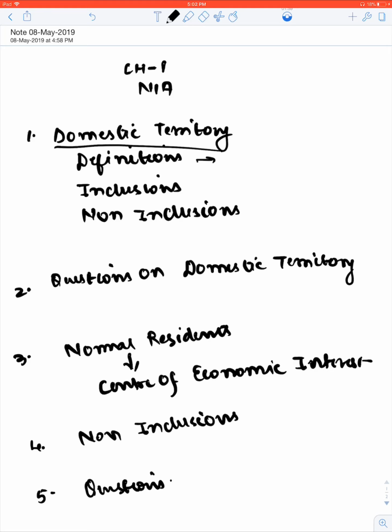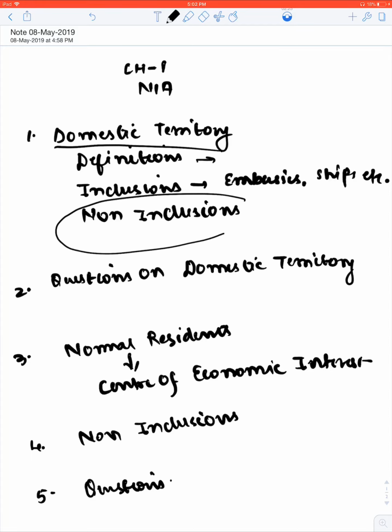It includes fishing vessels, oil and natural gas rigs, etc., being owned by the country. It also includes the embassies and military establishments of a country located outside. So these are the inclusions: embassies, ships and aircraft, etc. Now, what is more important is to look at the non-inclusions.